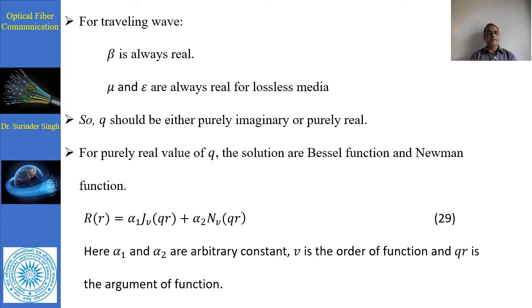For a traveling wave, beta is always real, and mu and epsilon are always real for a lossless medium.